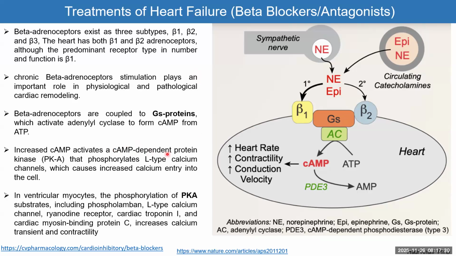So what are the downstream targets of the cyclic AMP? It will phosphorylate the L-type calcium channel. Again, calcium comes back to the show. Increased calcium. And then the protein kinase A phosphorylation includes multiple downstream signals. I wrote some of them down for you. For example, cardiac troponin is one of them. Ryanodine receptor, L-type calcium channels, myosin binding protein.